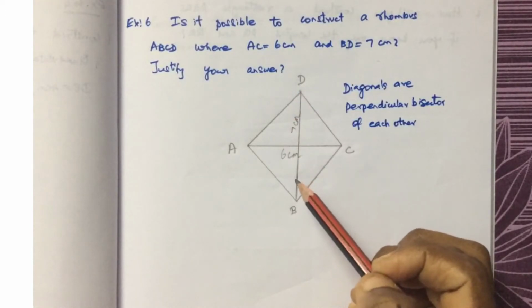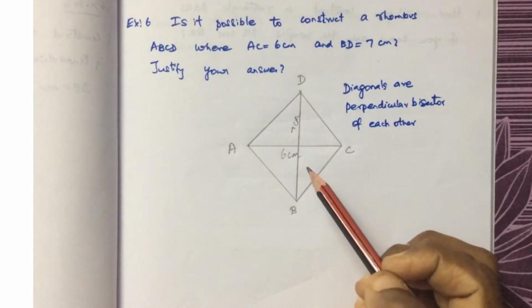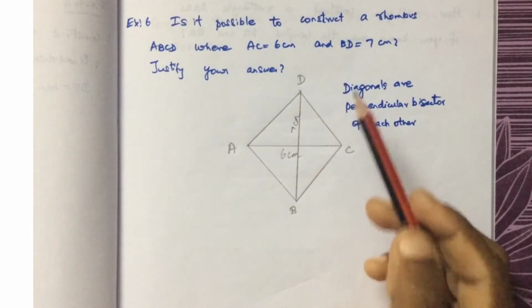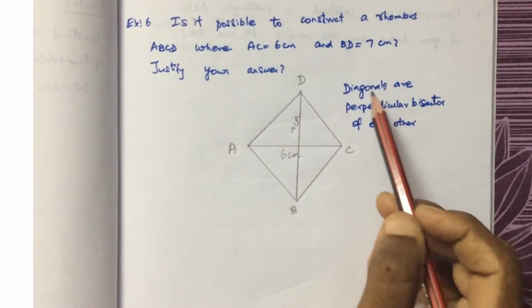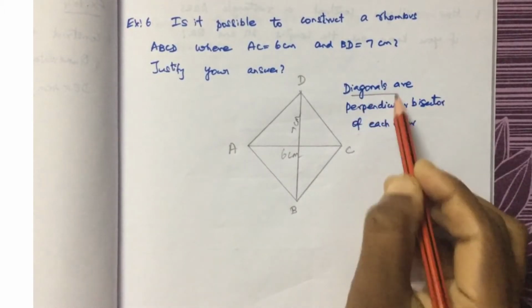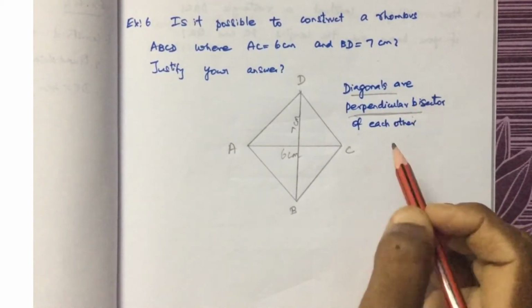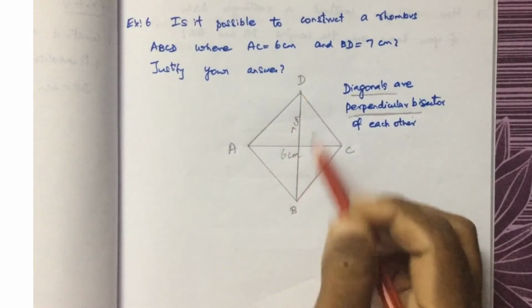Is it possible to construct a rhombus if only the measure of the diagonals are given? The answer is yes. How? We have to use the property of a rhombus. What is that? The diagonals are perpendicular bisectors of each other. What is meant by perpendicular bisector? So these are the diagonals. AC is one diagonal and BD is one diagonal.